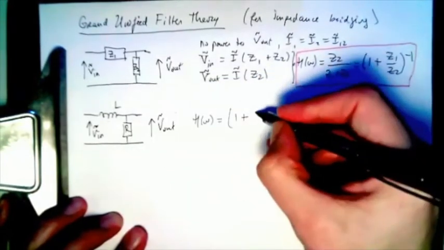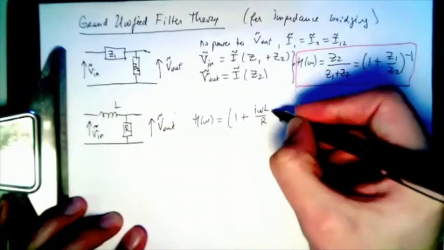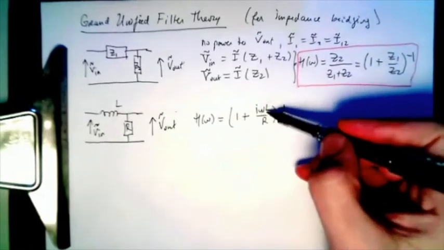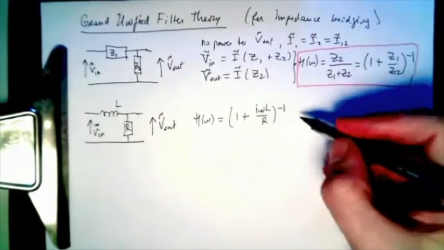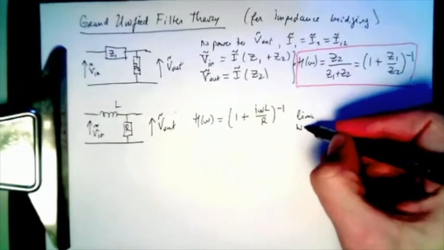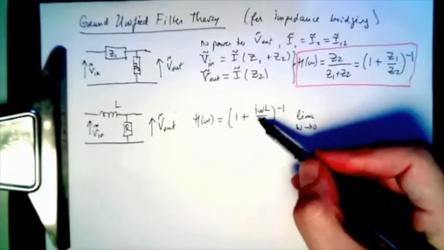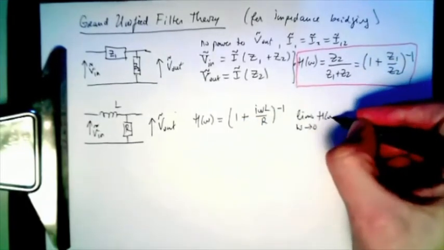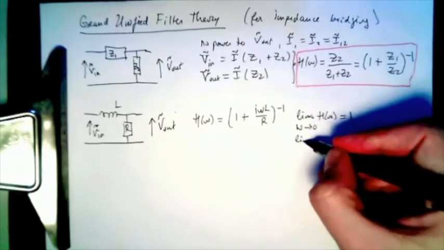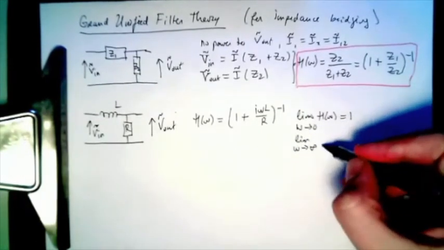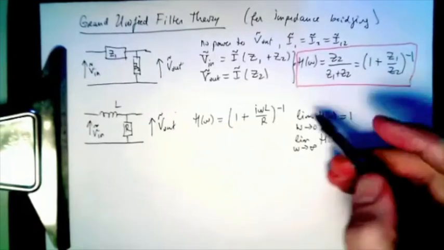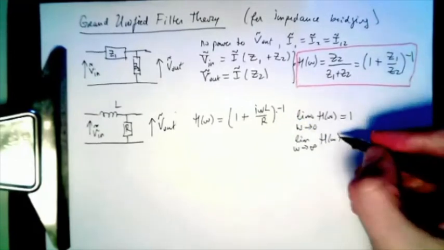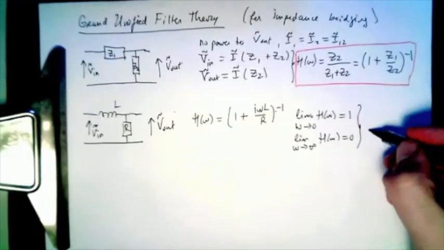So Z1 is i omega L, and Z2 is R. Done. Okay, what kind of filter is this? Well, if you take the limit of omega going to 0, 1 plus 0, inverse, is 1. And in the limit of omega going to infinity, 1 plus infinity is infinity, and the inverse of infinity is 0. So this is a low pass filter.